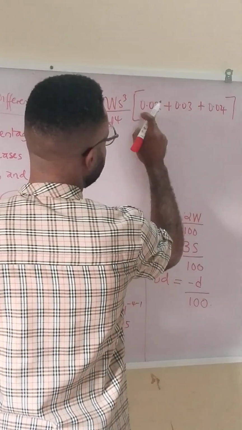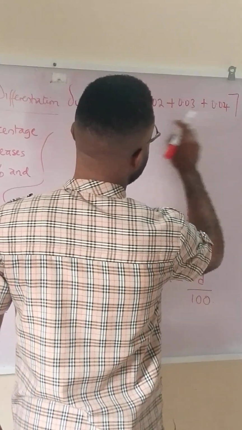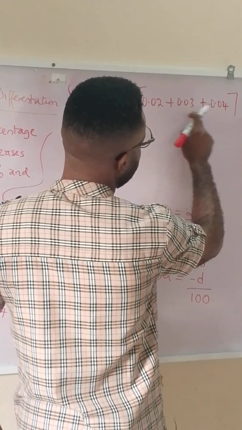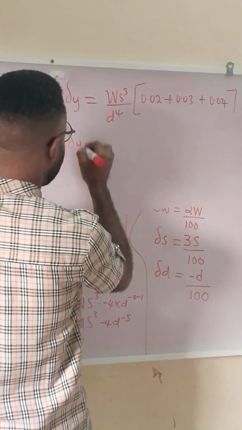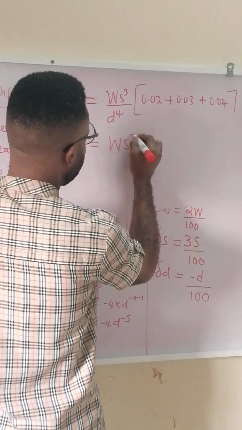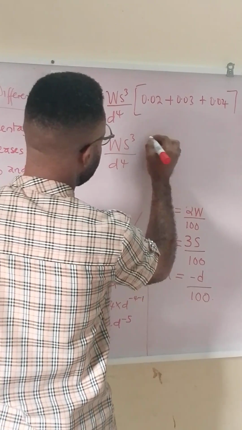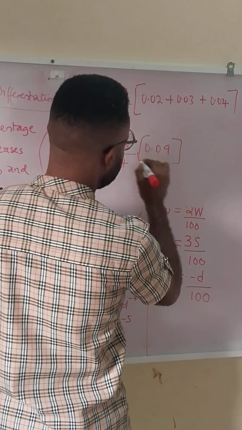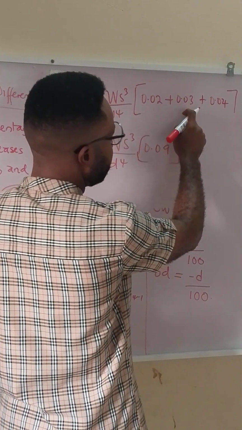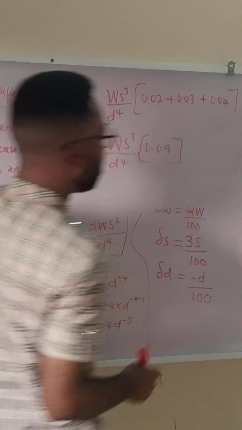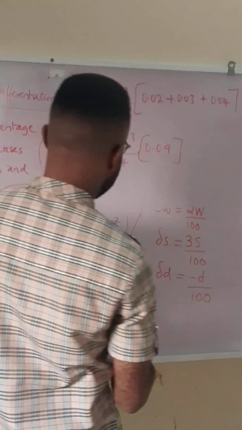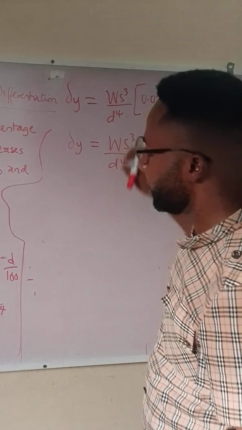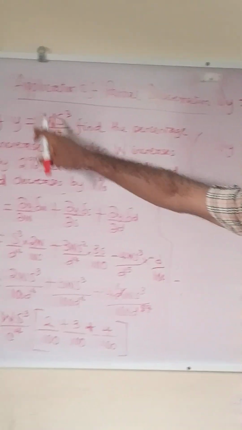So 0.03 plus 0.02 gives us 0.05, and adding 0.04 gives us 0.09. So our change in y will be equal to WS cubed all over D raised to power 4 into 0.09.